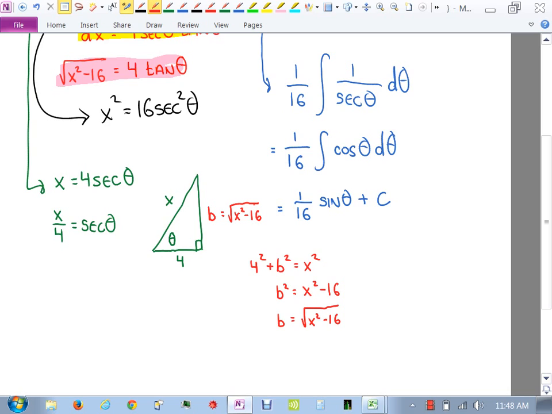Yes. Like the other problem, the triangle, it's the same value as the denominator. When I do the triangle, that side, mm-hmm.